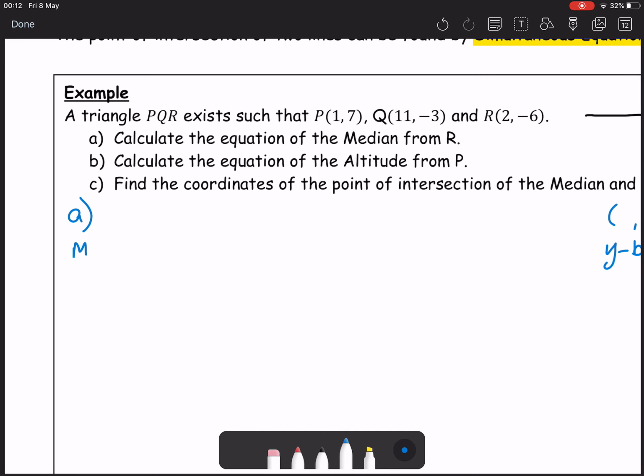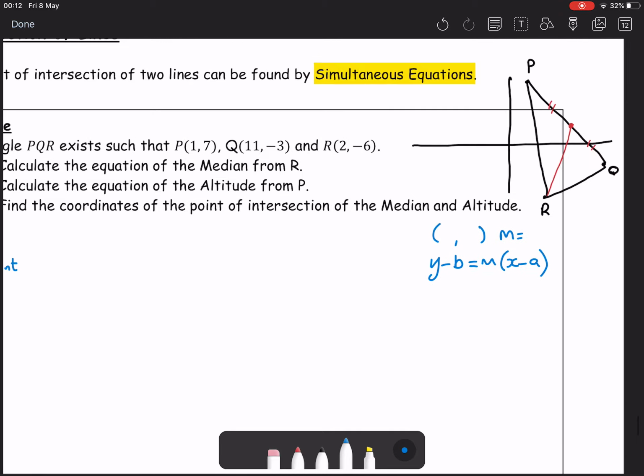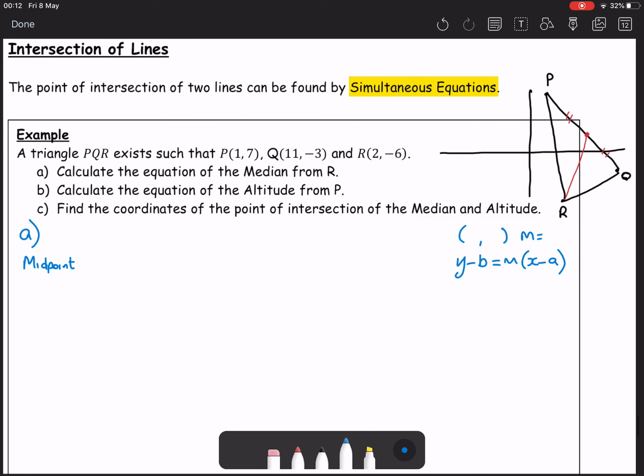So the midpoint of PQ: adding up our x over 2, adding up our y over 2.